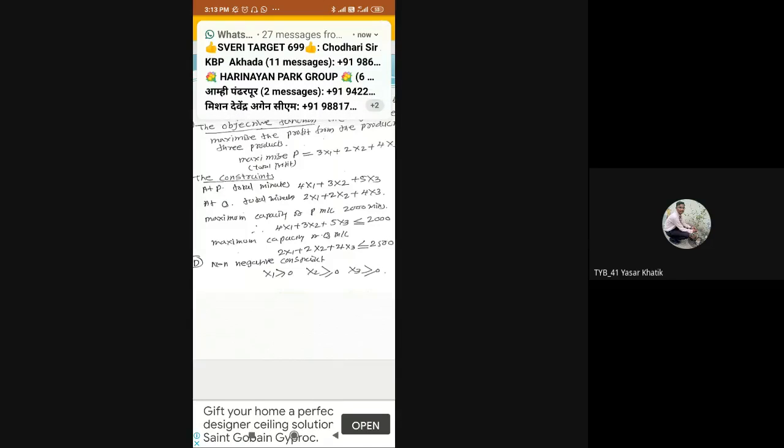So whenever a problem is there, first you have to formulate it. First you have to decide the decision variables, then come to the objective function, and then you come to the constraints. Now we have formulated this.